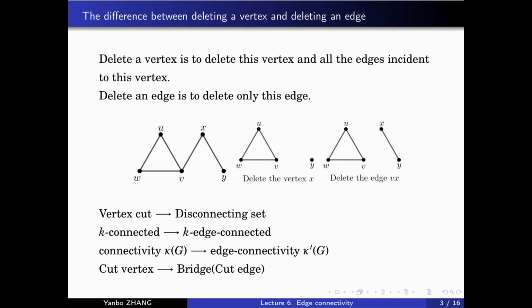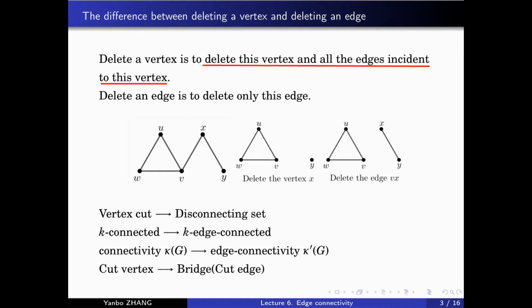We have known some graph operations, including deleting a vertex and deleting an edge. But there is a difference between deleting a vertex and deleting an edge. To delete a vertex is to delete this vertex and all the edges incident to this vertex.